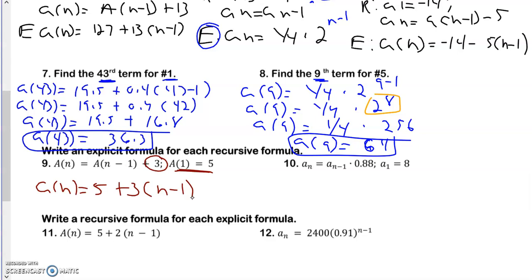Now, this is geometric, so again, I start with my A of n, and I'm going to start with 8. My ratio is 0.88, and remember, it's n minus 1.